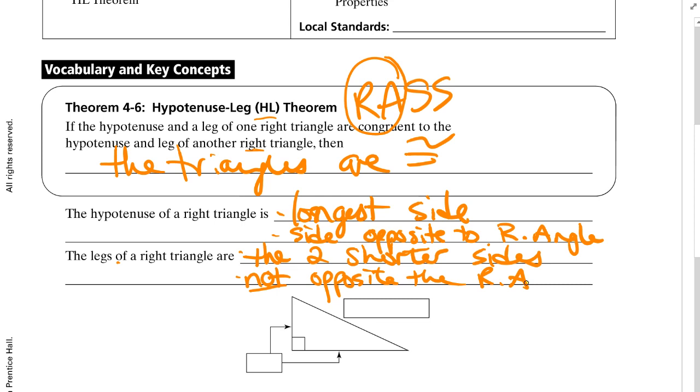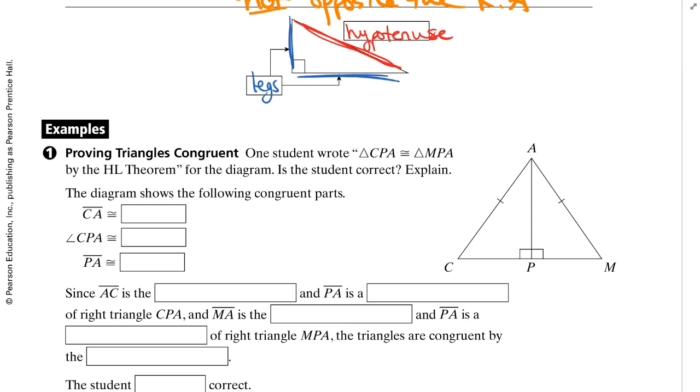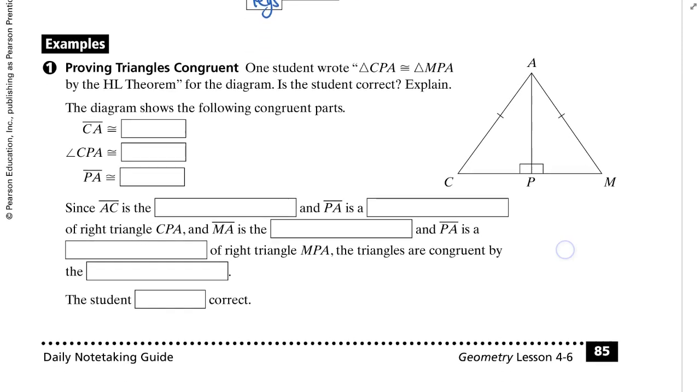So filling in this diagram, we need hypotenuse for this side and legs for these two sides. Here's an example of using the HL theorem.